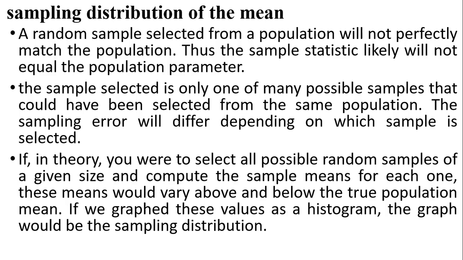Now, as we continue selecting samples from the population, these samples might have different means, because you have sample A, sample B, sample C, and then you consider the mean of each sample you have selected from the population.